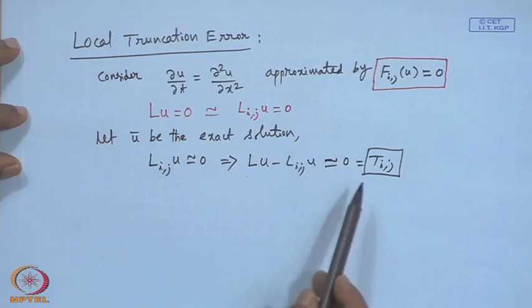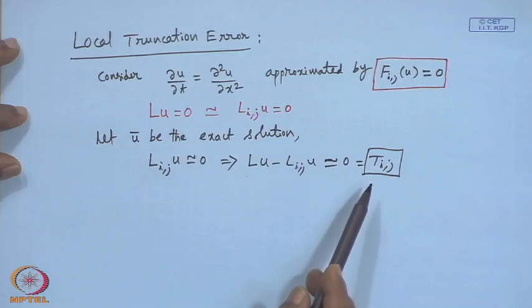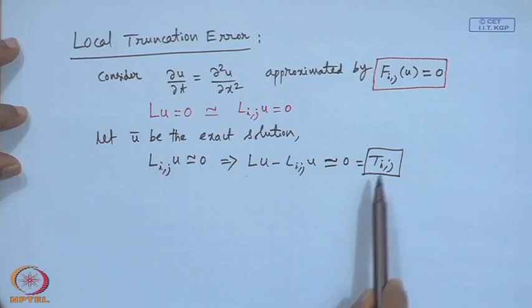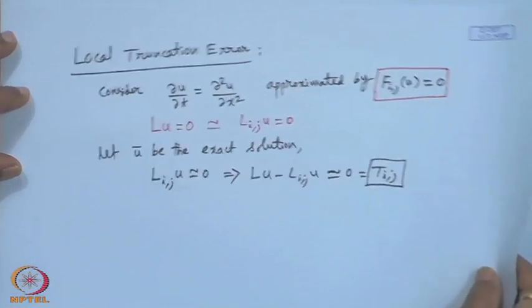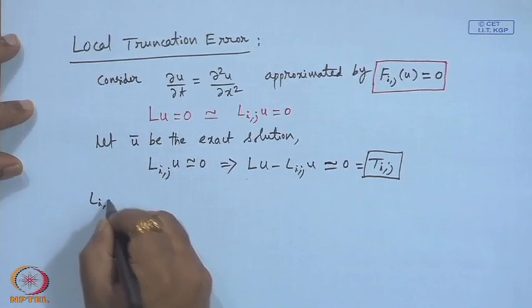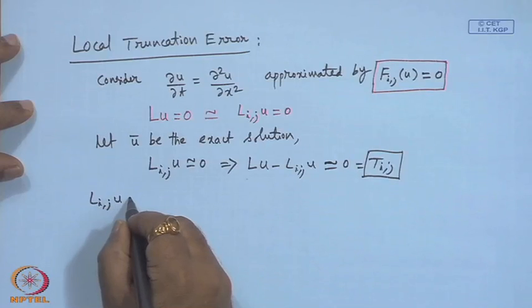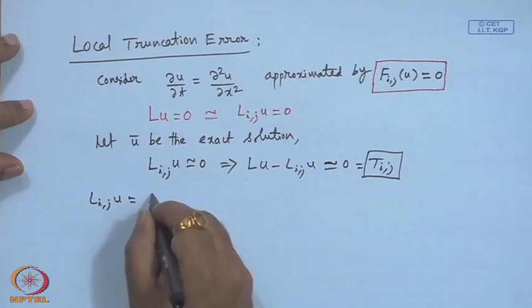Okay, right. So, let us see what will happen. How do we compute? So, we are going to compute. Our L_ij u is, so consider the explicit scheme.